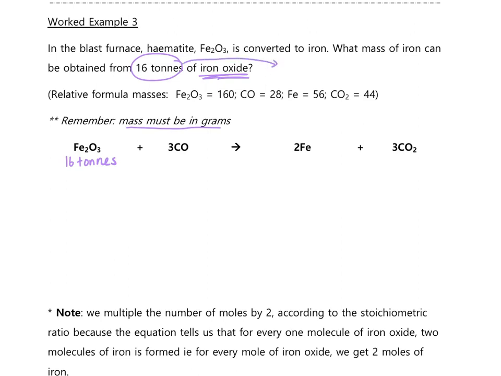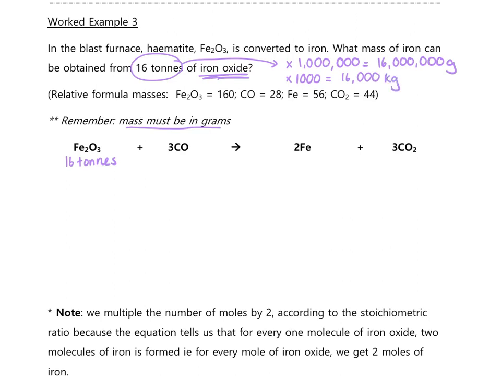Well, there's a couple of ways you can do it. First of all, you can just simply times by 1,000,000. So that's 1 with 6 zeros afterwards. That's going to get you, obviously, 16 million grams. Or what you can do is think that there are 1,000 kilograms in a tonne. So if you want to convert it to kilograms, you would times by 1,000, and that would be 16,000 kilograms.